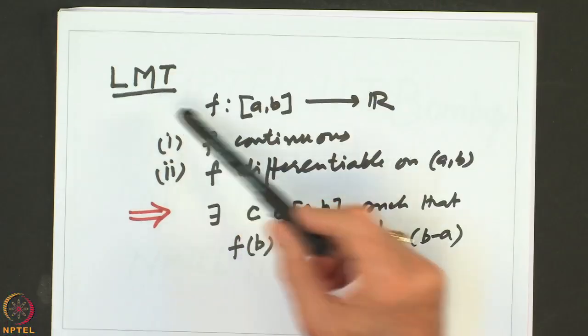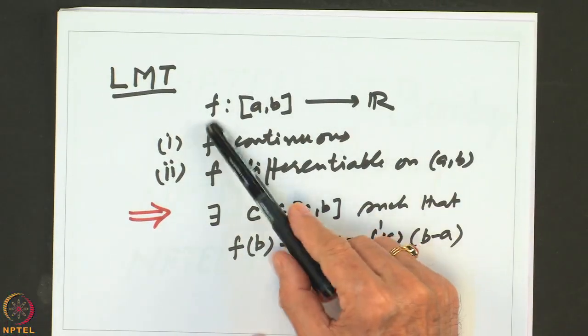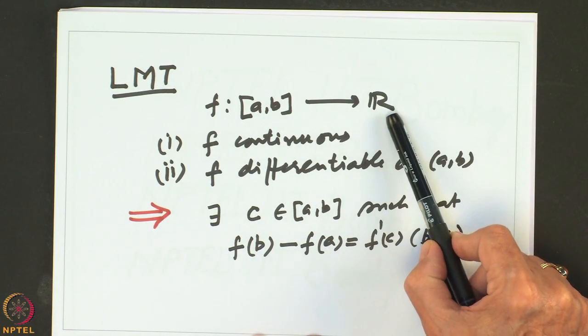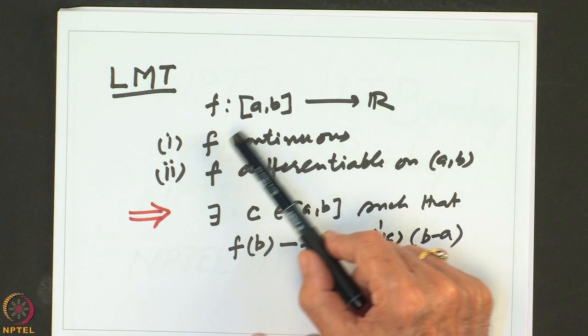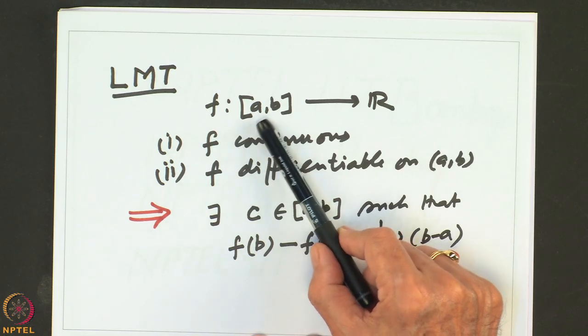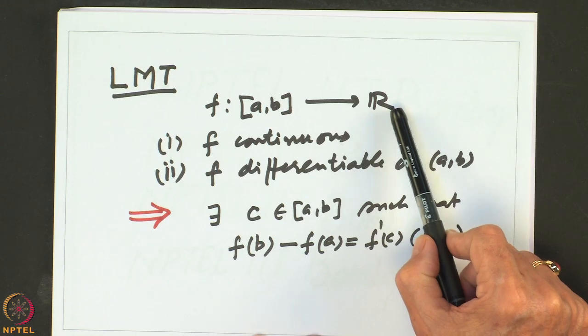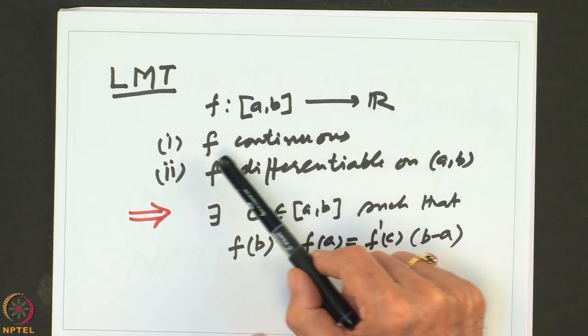Lagrange's mean value theorem is about a function f which is defined on a closed bounded interval [a, b] to R, and it has the following properties. We are given that f is a function on a closed bounded interval [a, b] taking values in the real numbers.